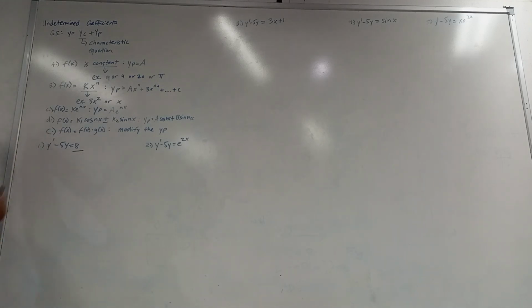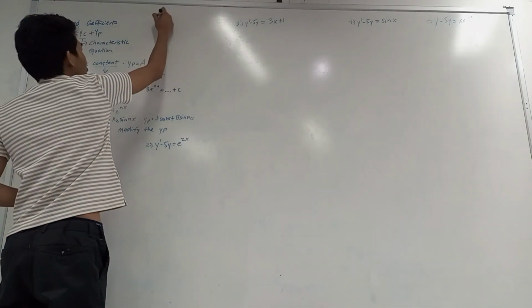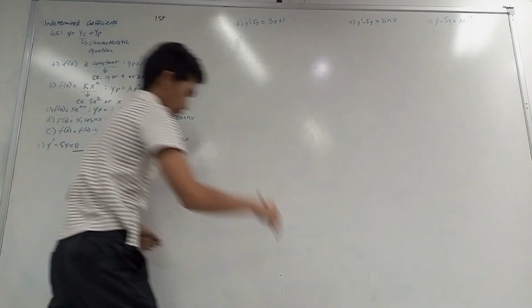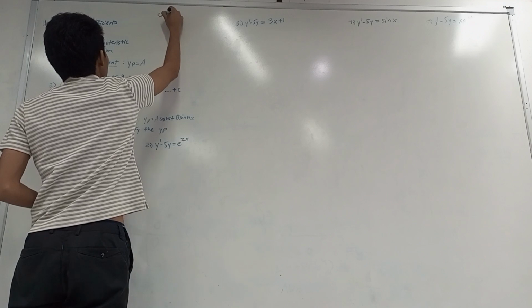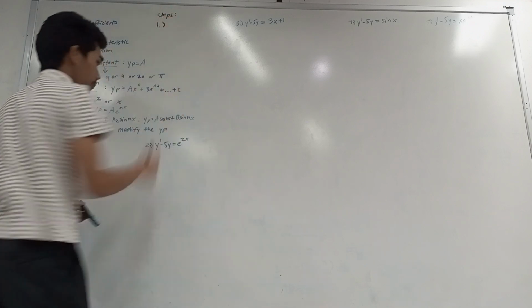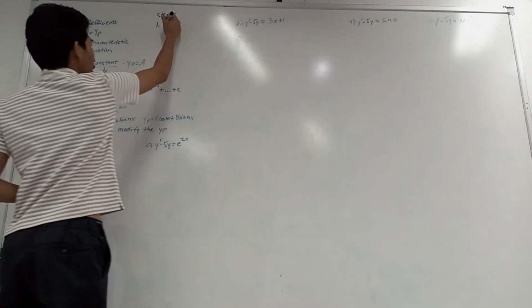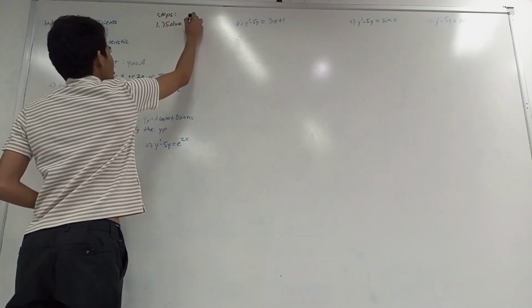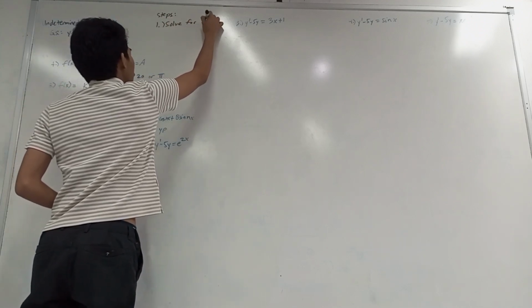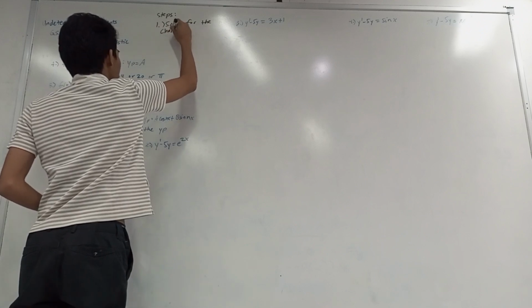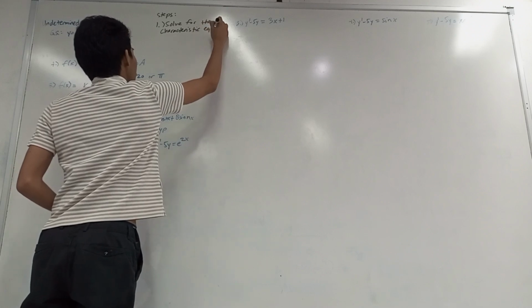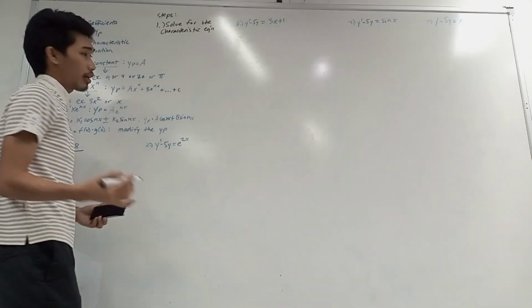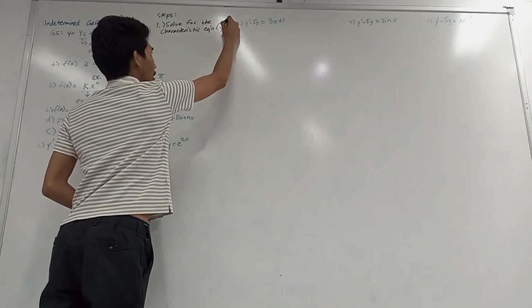So, y prime minus 5y is equals to 8. So, ang first step is always solve for the characteristic equation. So, ano yung characteristic equation? Siya yung yc.